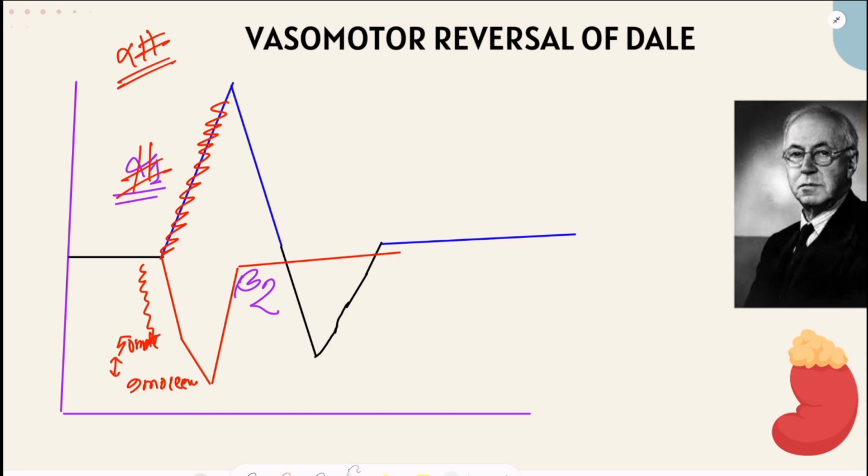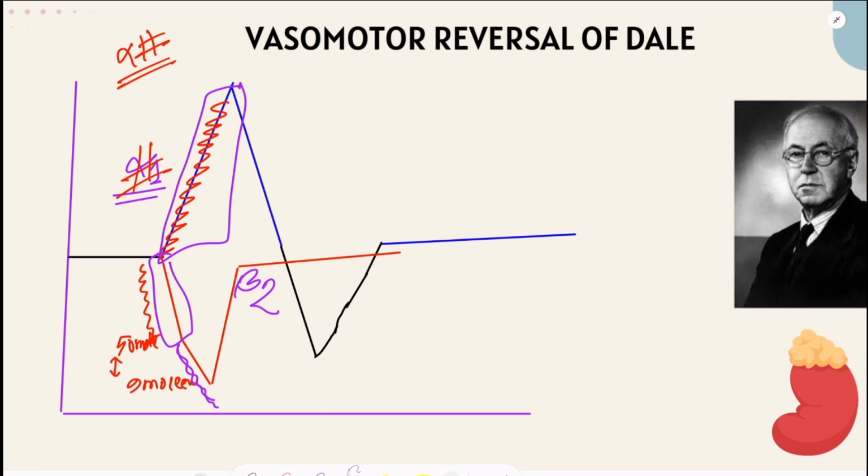So we can notice two important things here after giving an alpha blocker. The first is there is no biphasic response. There is only one single phase. And the second thing is that the decrease in blood pressure response is exaggerated. So the opposite of what we are expecting has happened.